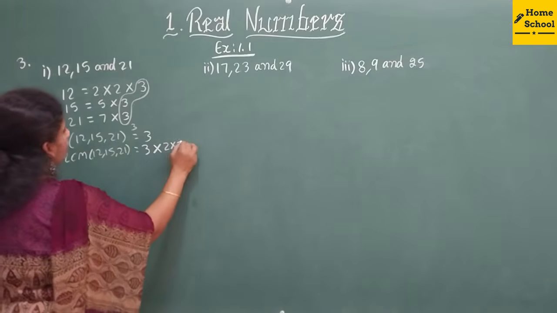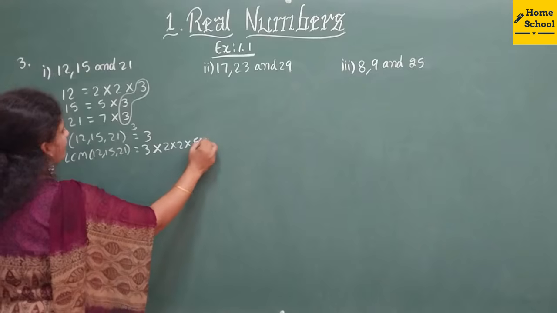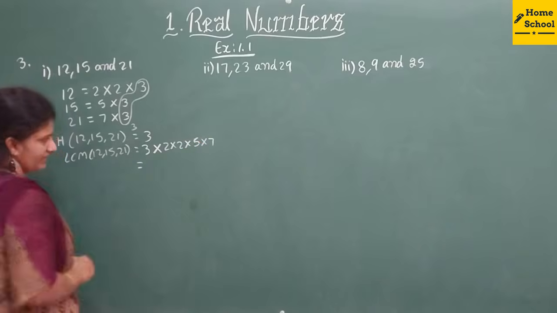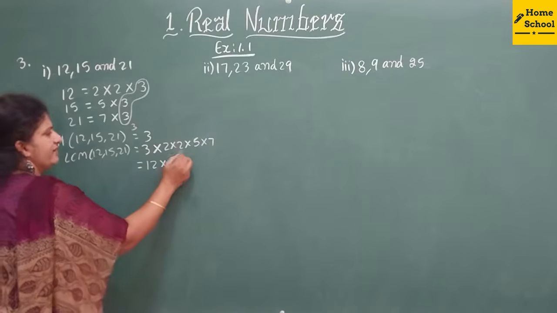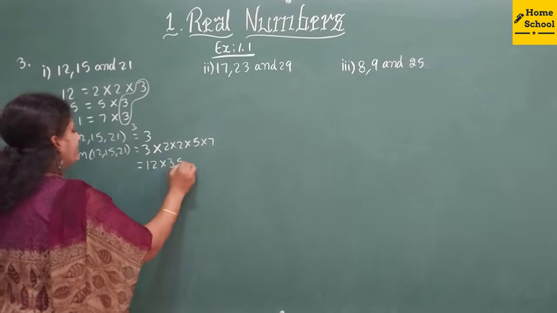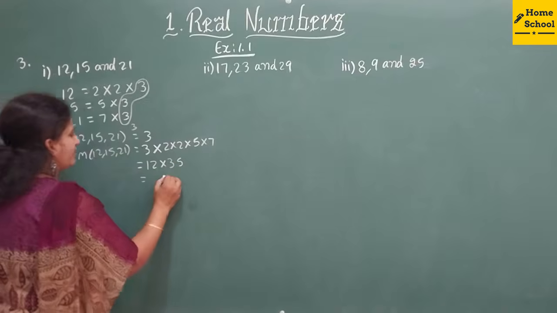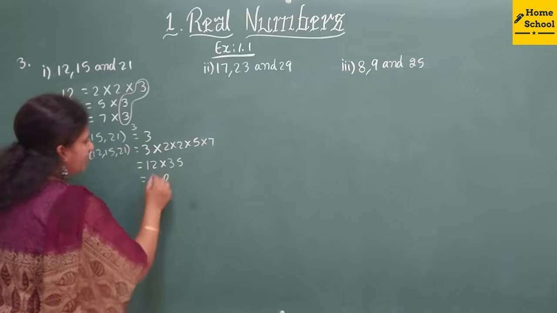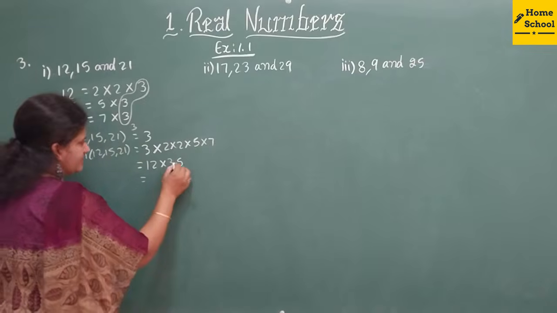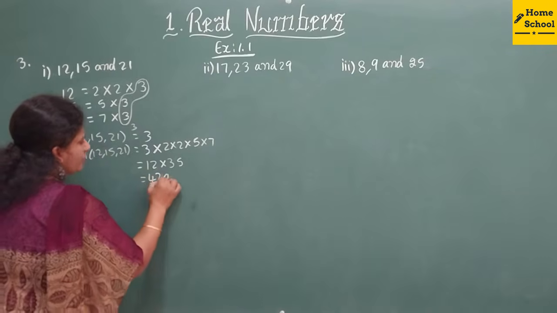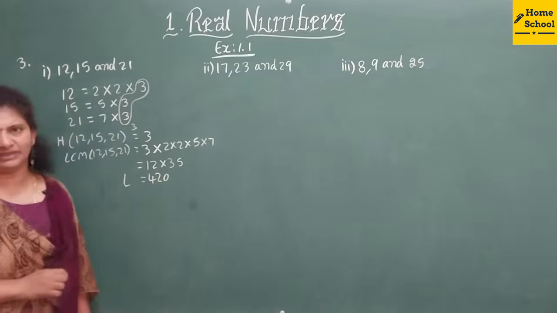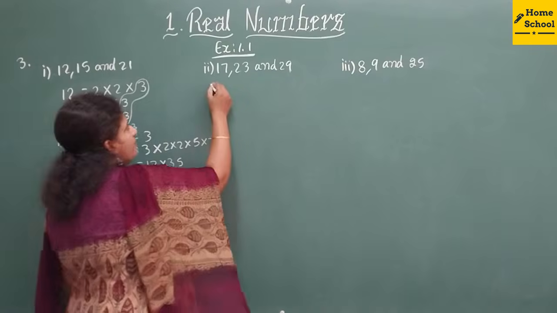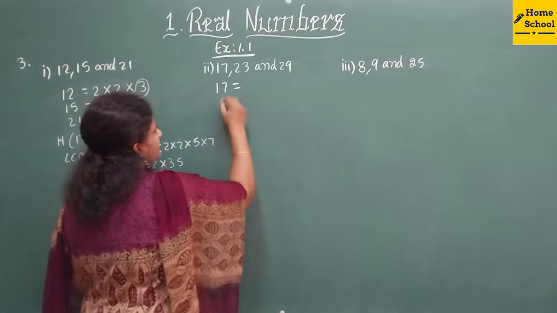Multiply 2 into 2 into 5 into 7. That is 2 2s are 4, 4 3s are 12, 5 7s are 35. So 12 5s are 60, 12 3s are 36, 36 plus 6, 42. Therefore, what is your LCM here? 420.